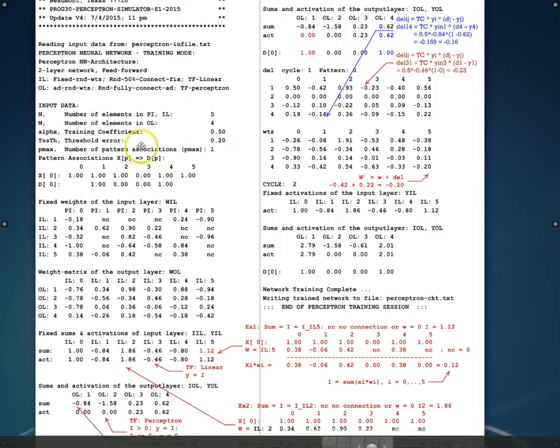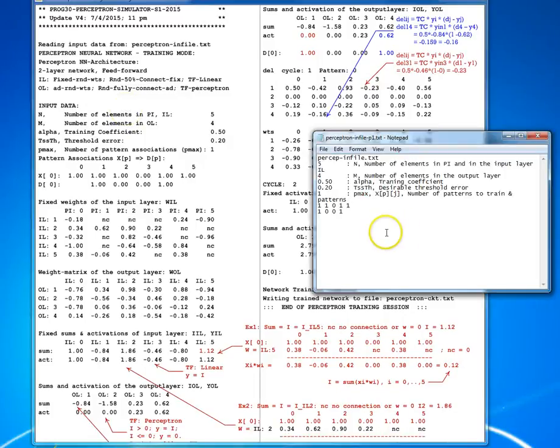Again, it reads the input data from a specific input data file. You can actually look into the simulation input file. In the simulation program, Perceptron program 3.0 or whatever the newer version is, this is the input data file.